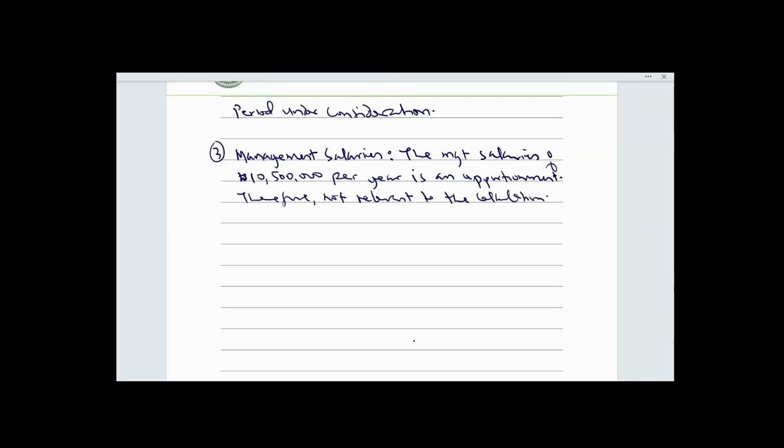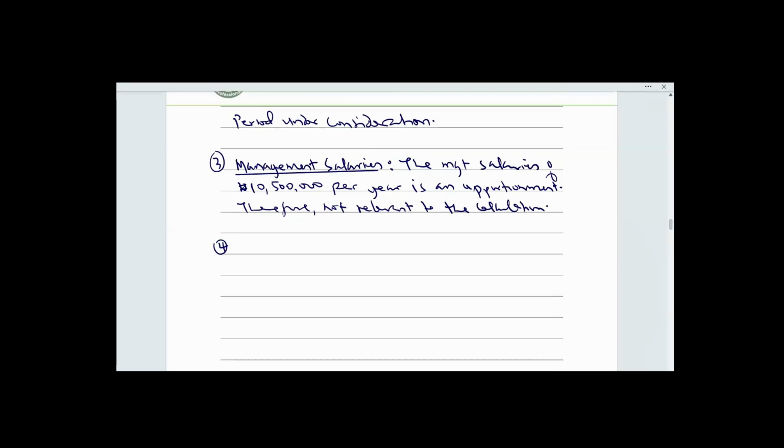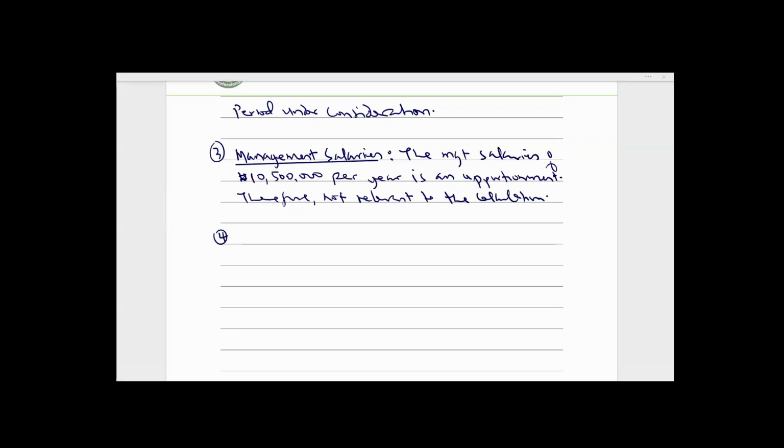So anything apportionment is irrelevant. Ignore it. Then number four, we also have apportionment of head office costs.